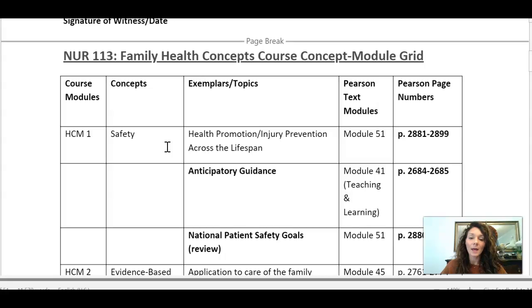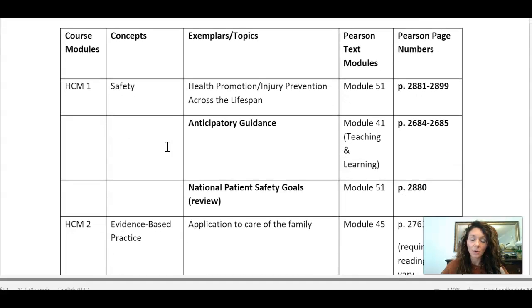All right, so I have a nice little grid here. Hopefully that will help you stay organized in terms of your reading in the course, and I'm going to talk about how this grid is set up. So the course is broken up into modules like most of your other courses have been. HCM stands for Healthcare Module 1. These course modules are the things that I am required to teach you about according to the Board of Nursing.